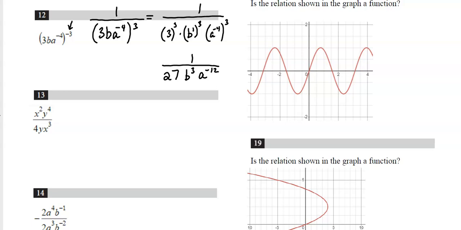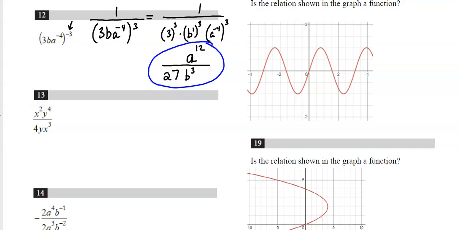And then I'm like, well, wait a minute, you can't leave a negative exponent. So that a to the negative 12th is going to jump up on the top and become positive. And now everybody's on the right team. We have an answer that's acceptable, and we are good to go.